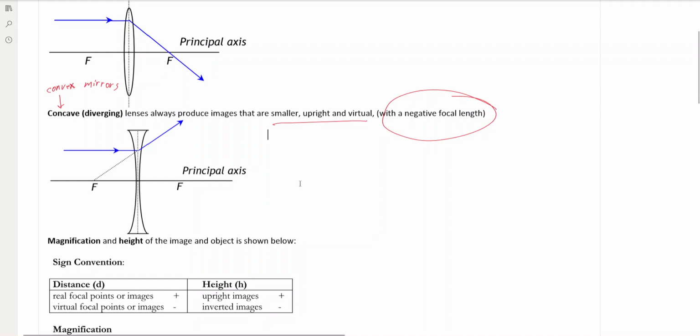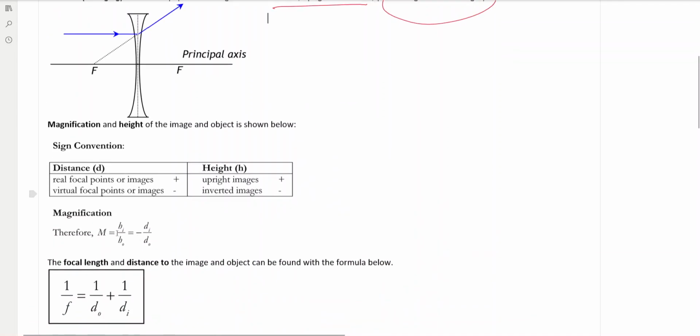The magnification and height of the image can be used with this formula here. So it's basically the ratio between the image and the inverted image. Normally speaking, personally, I consider magnification as an always positive thing, i.e. you put in these absolute brackets, but considering there's a negative here, and oftentimes we put negatives within, it's not entirely clear.